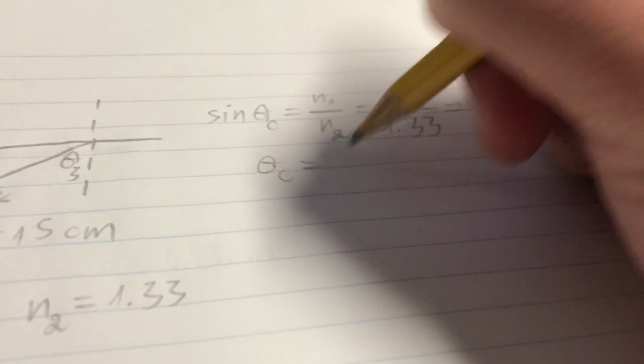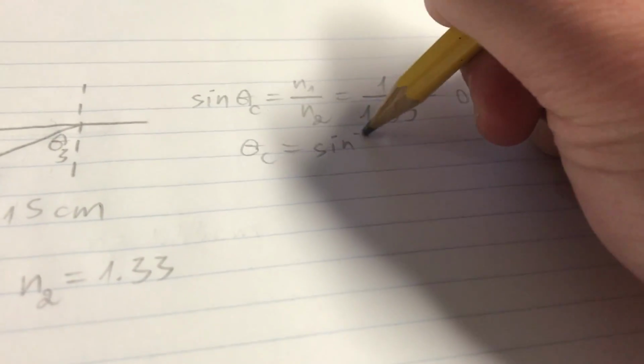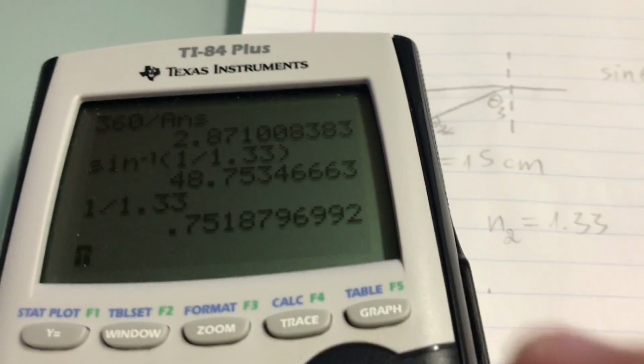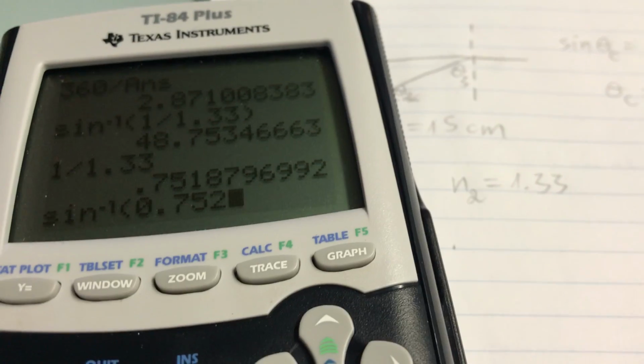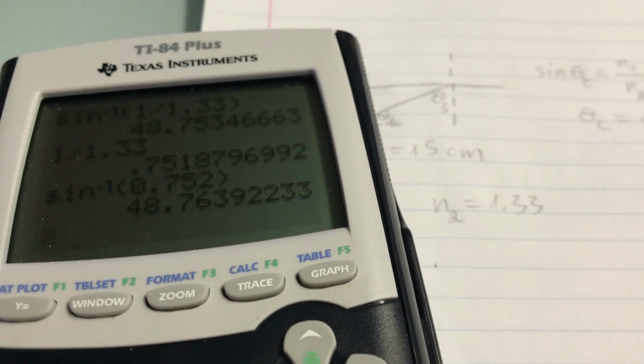That means theta C will be equal to the inverse sine of 0.752, which is 48.8 degrees.